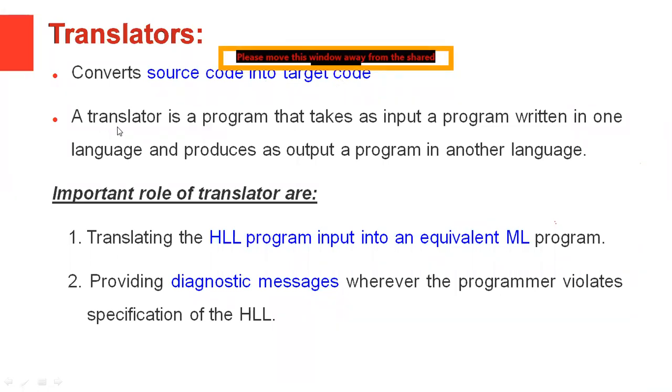A translator is a program that takes as input a program written in one language and produces as output a program in another language. So we take the input program written in one language, that language is converted into another language, and that is the output program.